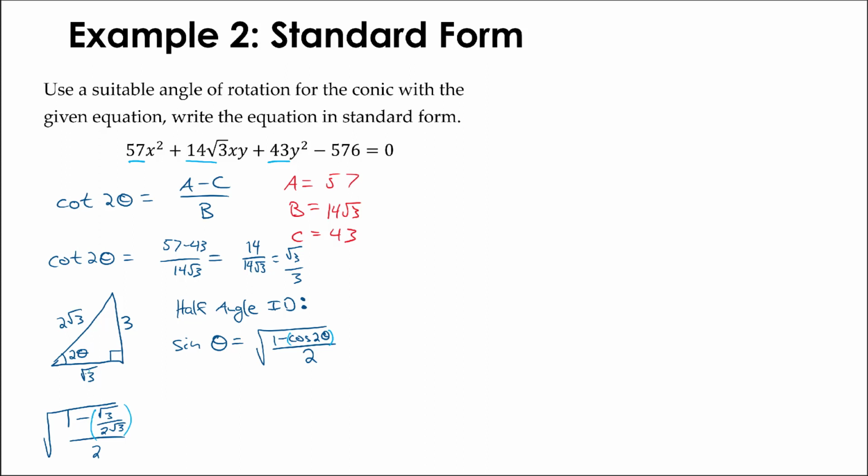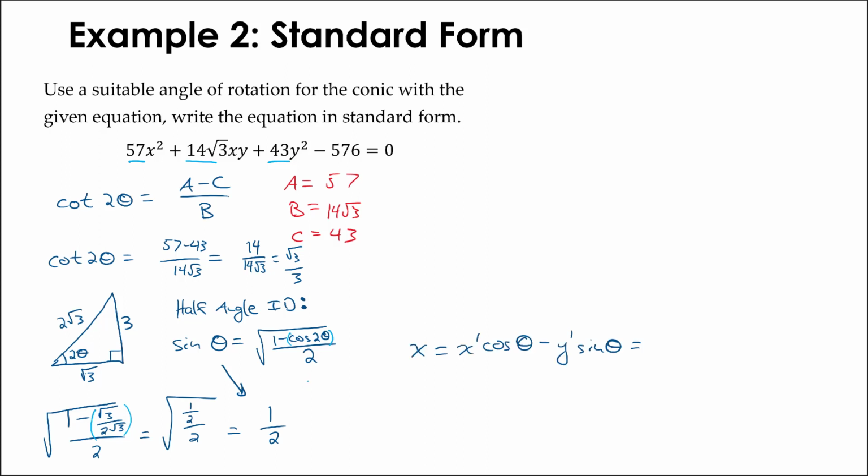So that's going to be root 3 over 2 root 3, and I can start to simplify that, and I'll get 1/2. So sine of theta is equal to 1/2. You might be thinking, well, why are we finding sine of theta? Why are we even doing that?